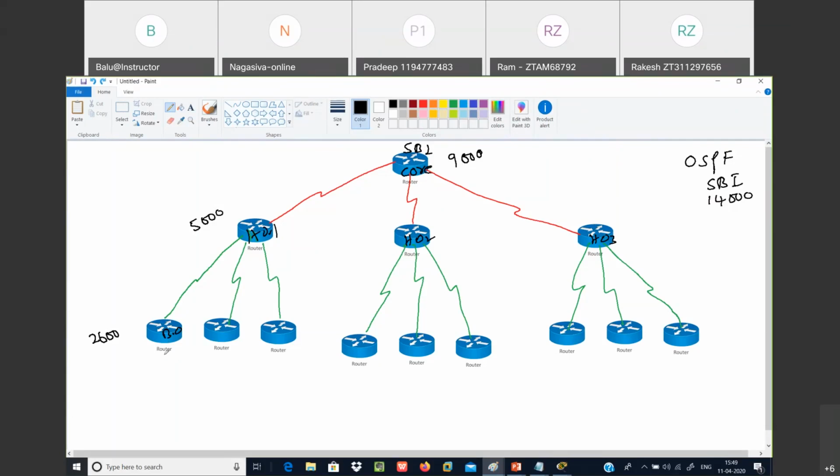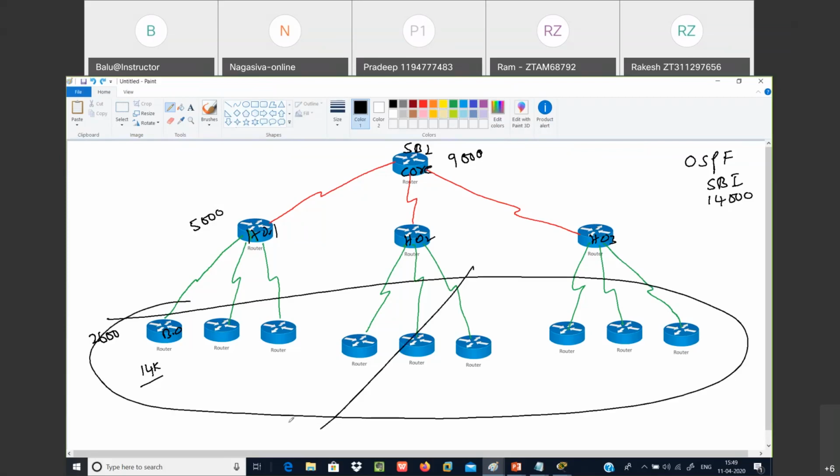Each router should maintain the entire view. So even the branch router should maintain 14K routers' link information. When the branch router is maintaining 14,000 routers' link information, what about its performance? Down, slow. All the branches will go down.